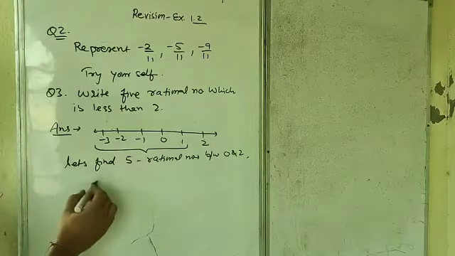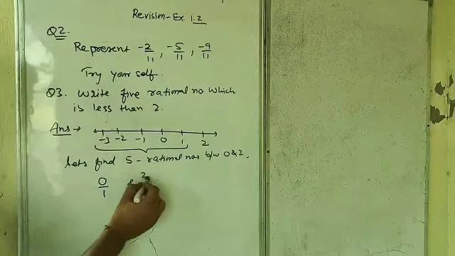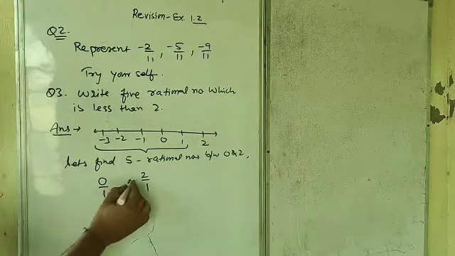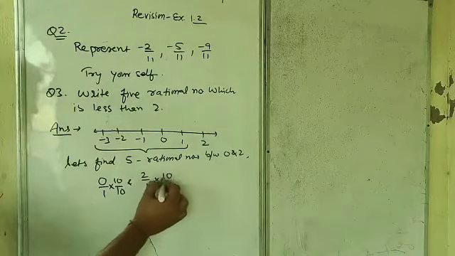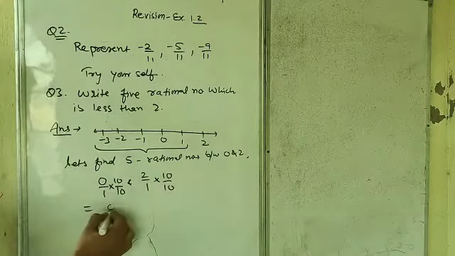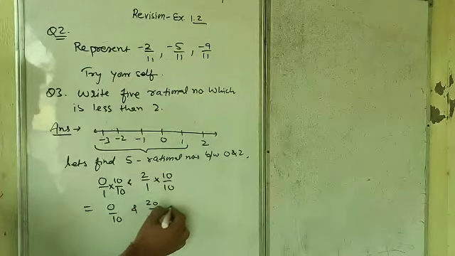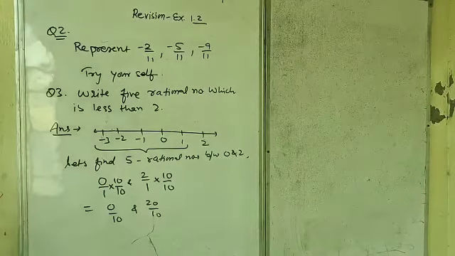Look at this. Same method, हमारे पास 0 by 1 and 2 by 1. हमने starting में discuss किया था. Now multiply both by 10. What do we get? 0 by 10 and 20 by 10. Now we can find any 5 rational numbers between them.